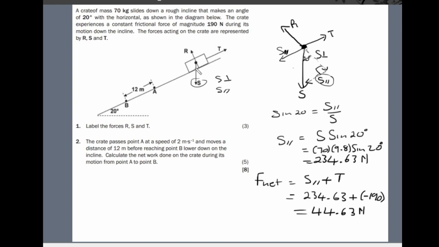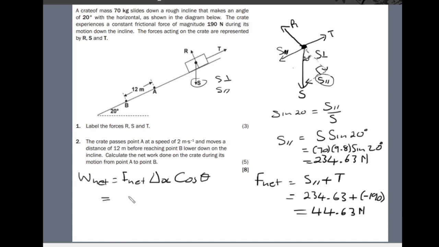Okay, now that we have the net force acting on the object, we can calculate the net work done on the object, which means the work done by the net force on the object. So you will say W net is equal to the net force times the displacement times cos of the angle theta, right? Theta will be 0, since the net force is parallel to the displacement of the object. So the angle between the net force and the displacement will be 0.